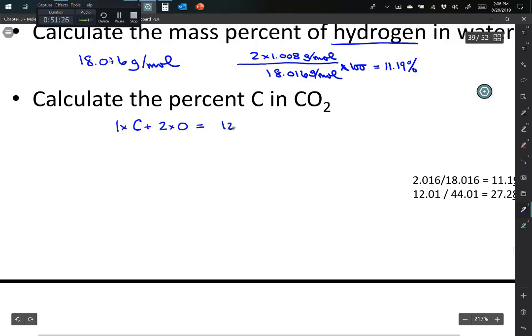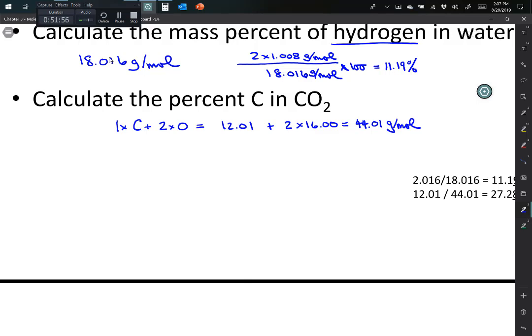That's 12.01, I think your periodic table says 12.01, plus 2 times 16.00. What does that give me? 44. Yeah, 44.01 grams per mole. So that's the whole.